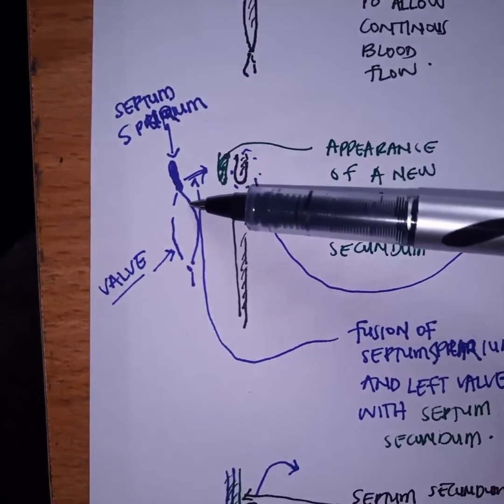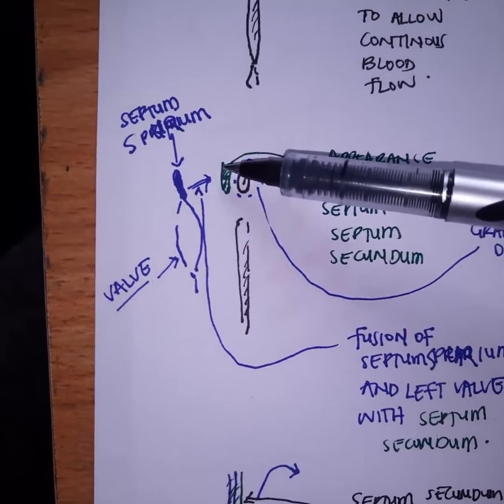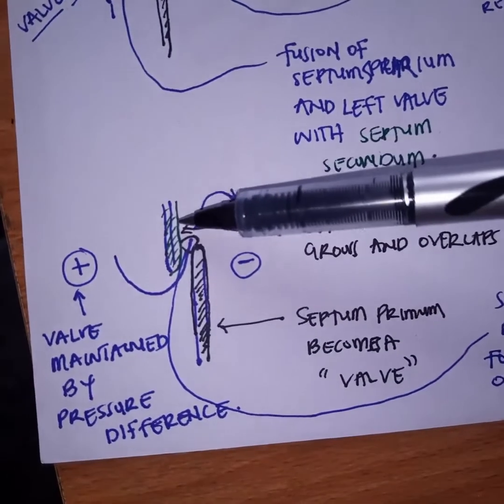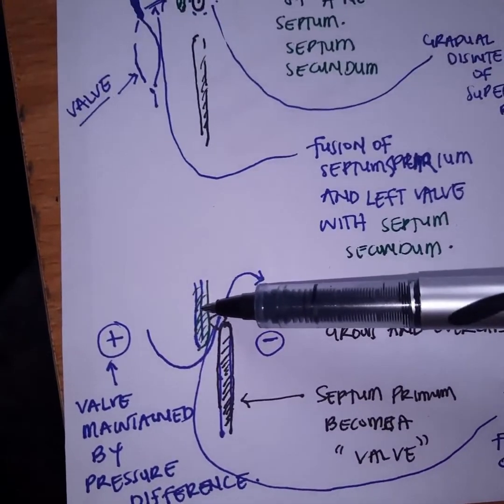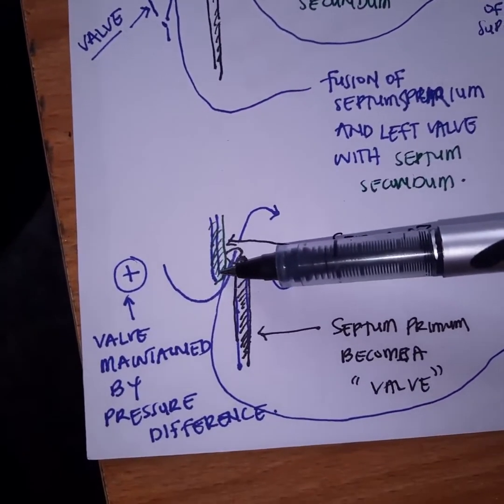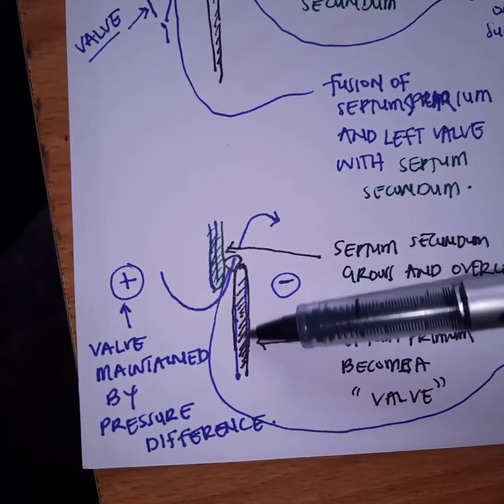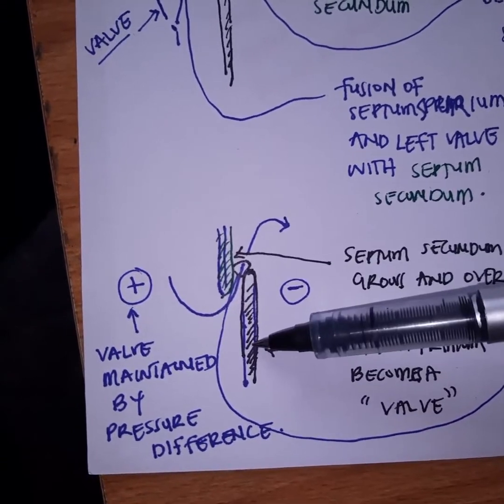This septum spurium at the left part of this valve is going to join with the septum secundum to form a very thick septum secundum that is eventually going to grow down such that it's going to overlap against this inferior aspect of the septum primum.